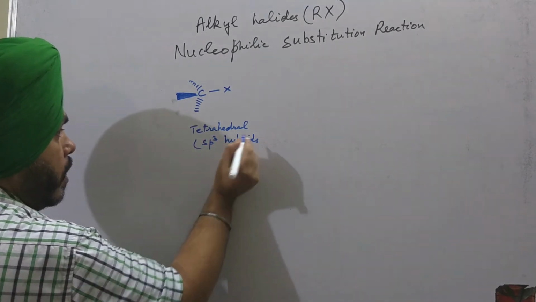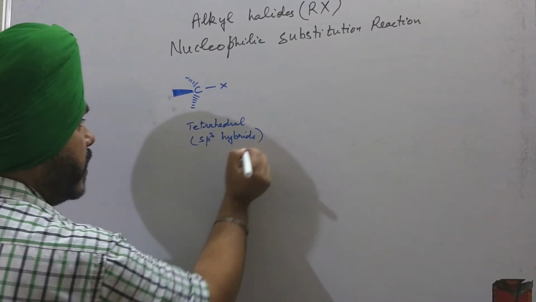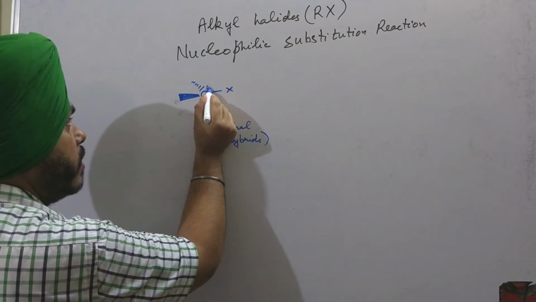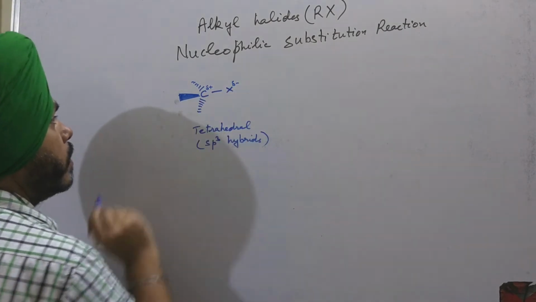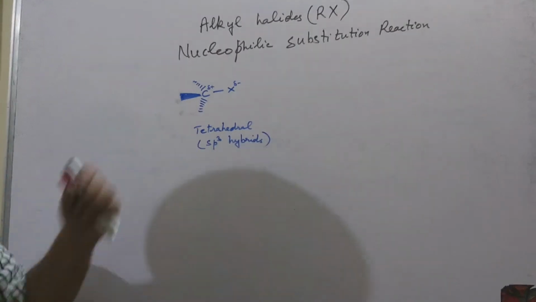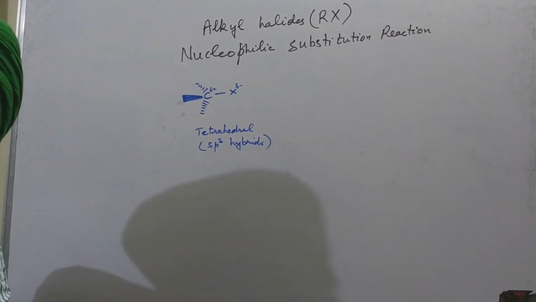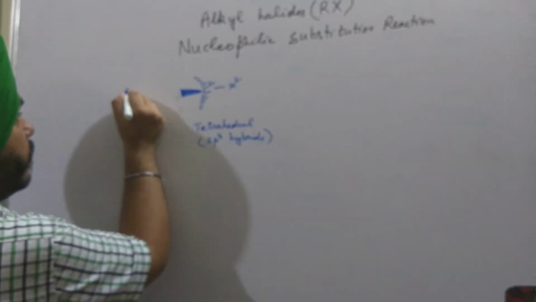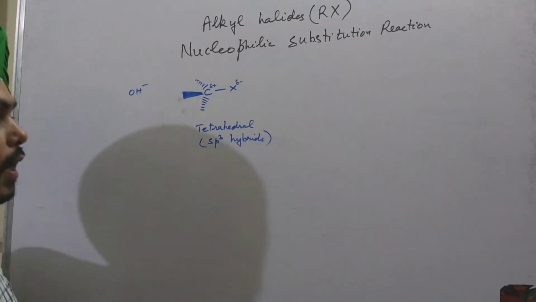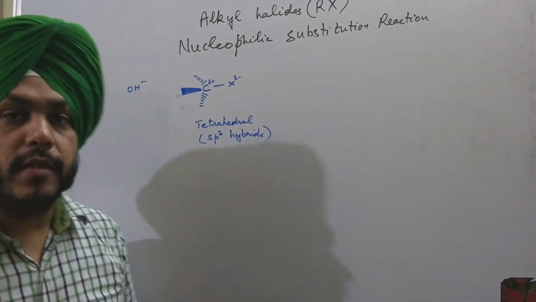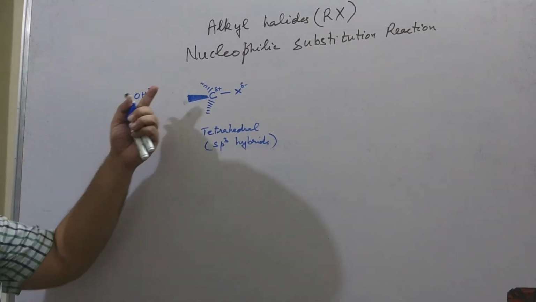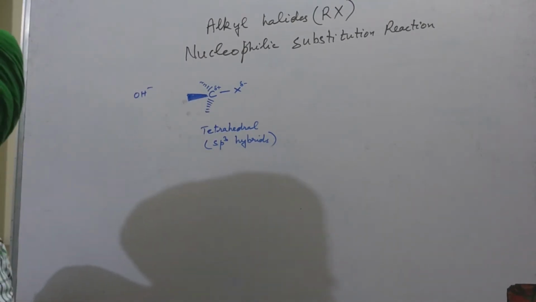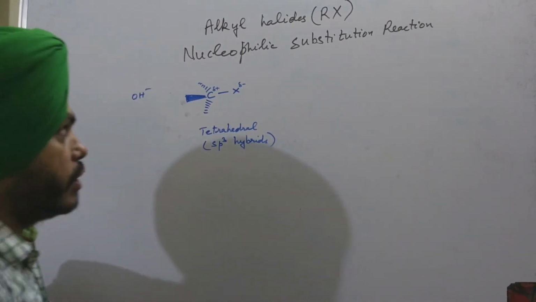If we mix it with the nucleophile, this bond, as I said, is polar. If it is mixed with the nucleophile, for example OH negative, in an appropriate solvent, the OH negative can attack the carbon atom which is directly attached to the halogen.